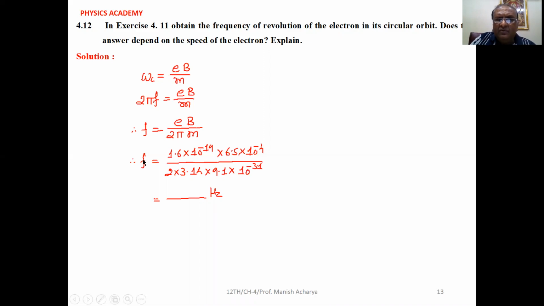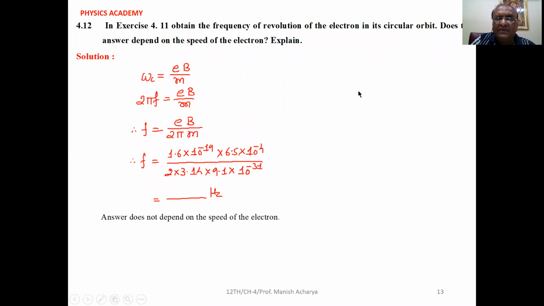Now frequency f is e, that is 1.6 into 10 raised to minus 19, B, that is 6.5 into 10 raised to minus 4, upon 2 pi m, that is 9.1 into 10 raised to minus 31. Solve this one, you will get the frequency of revolution of the electron. And here, does the answer depend on the speed of the electron?